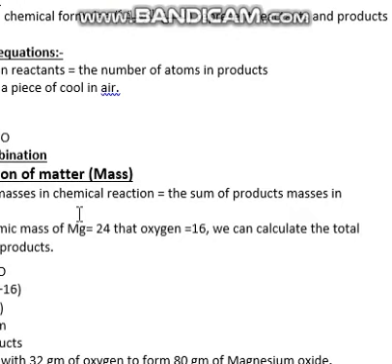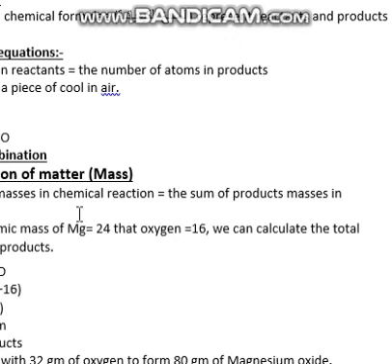2 times 24, 24 is the mass of magnesium and 16 is the mass of oxygen. You don't need to remember this, it is given in the problem to help you solve the law of conservation of mass. 2 times 24 equals 48 and 2 times 16 equals 32, so 80 gram.